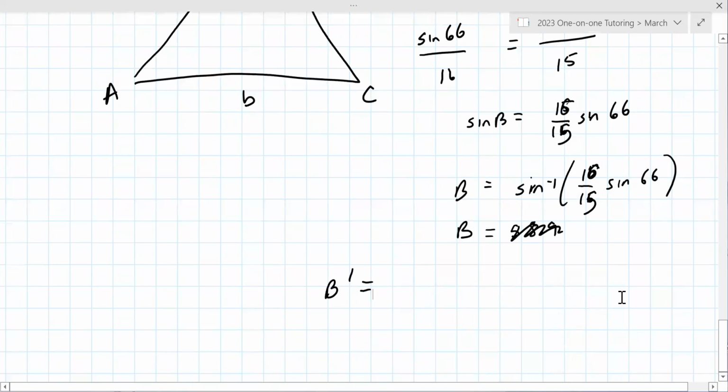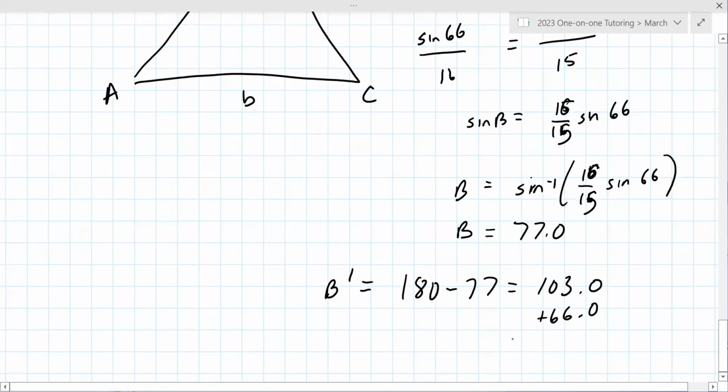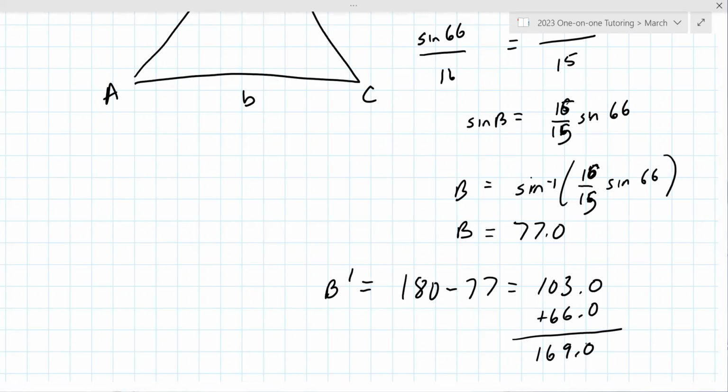Again, you get that angle, it's 77.0. You subtract it from 180, and that's 103.0. And then you add the 66 and see if there's room. In this case, there's room. There's 11 degrees. So yes, there are two triangles.